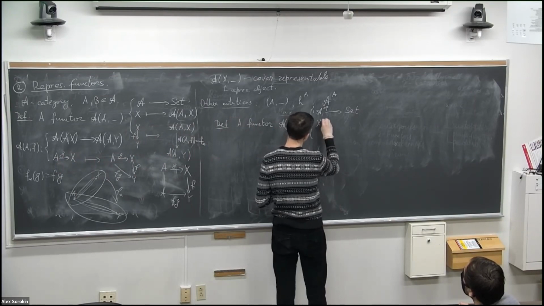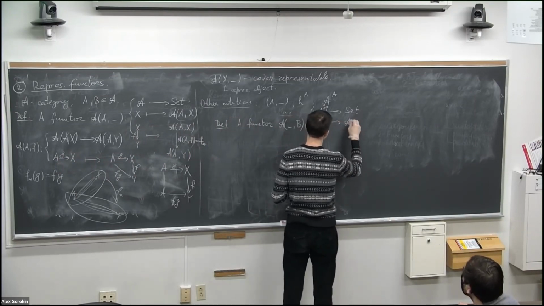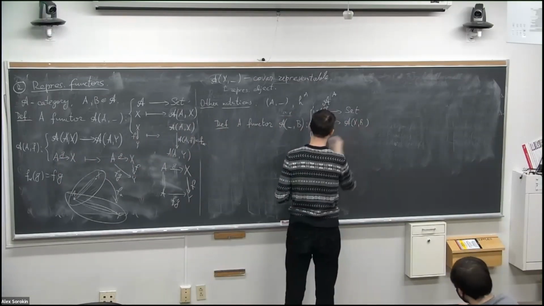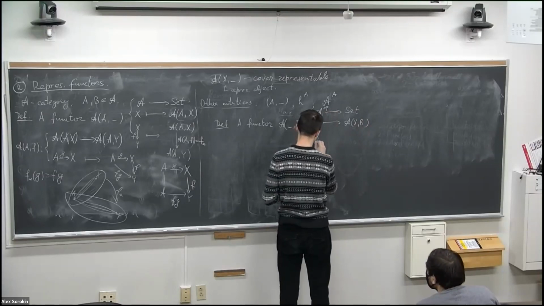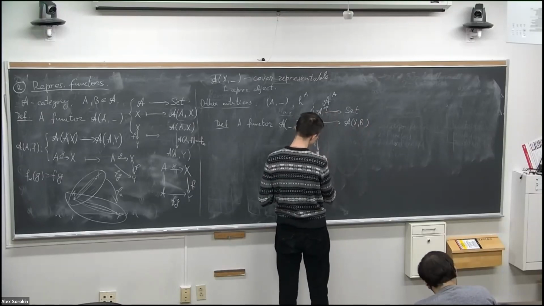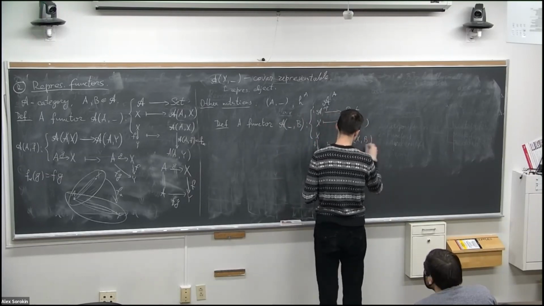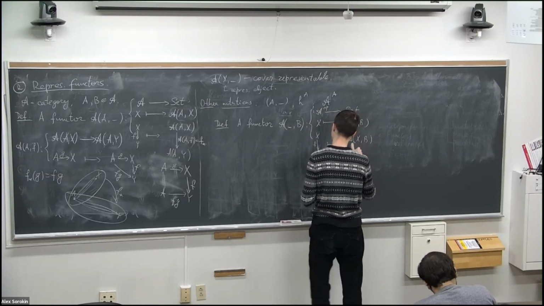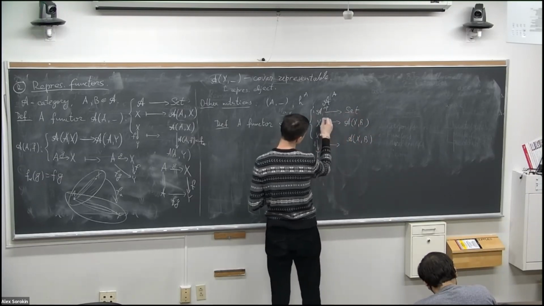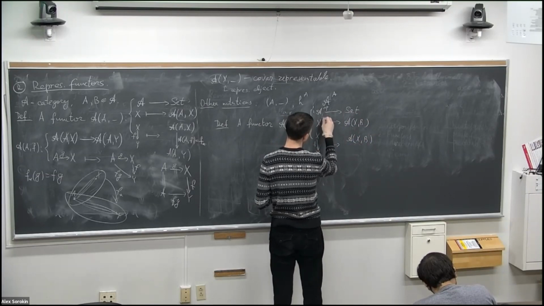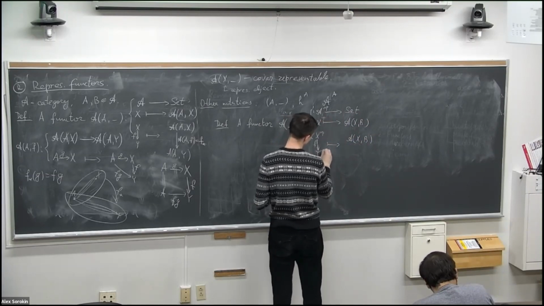Here X goes from A from X to B, an arrow F from X to Y goes to an arrow from A to B. Stop. We should here have X op, F op, Y op.